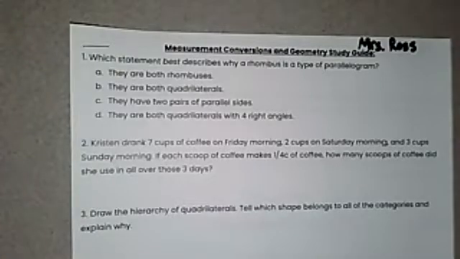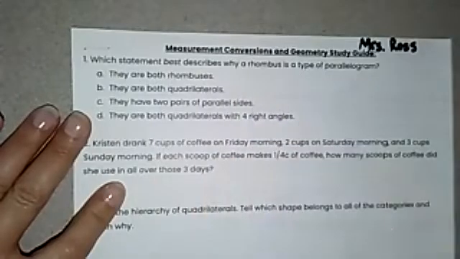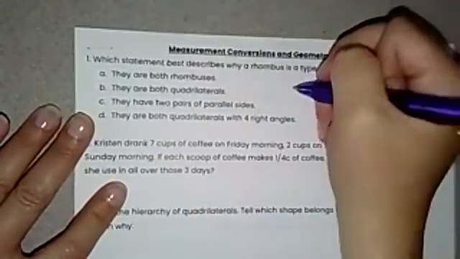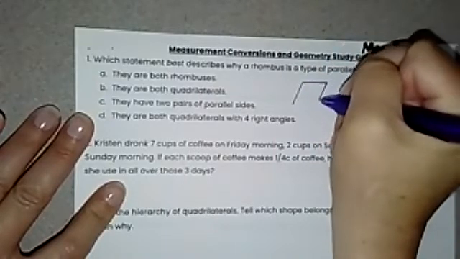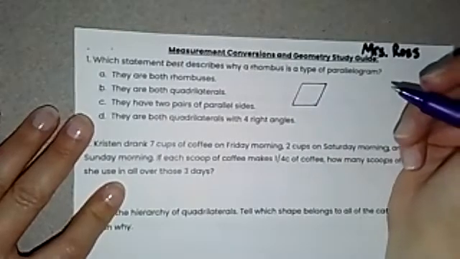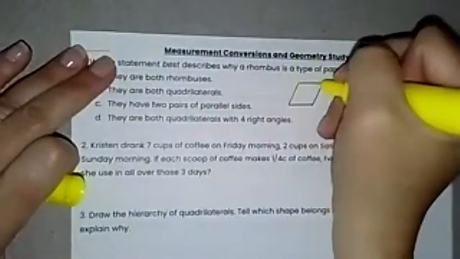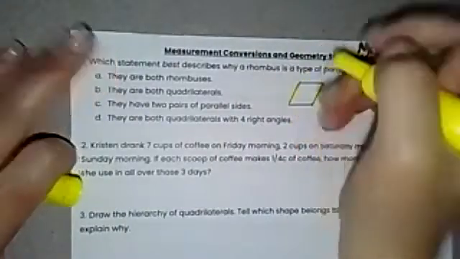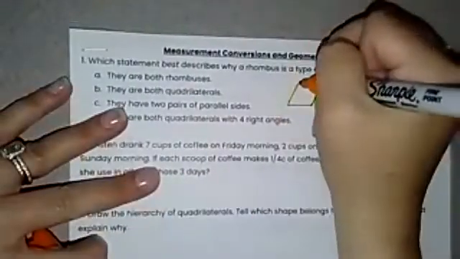So here we go. Which statement best describes why a rhombus is a type of parallelogram? Well, first off, draw both. Draw a rhombus. Janie, what does a rhombus have to have? Very good. It's got to have parallel sides. This side and this side are parallel, and this side and this side are parallel.